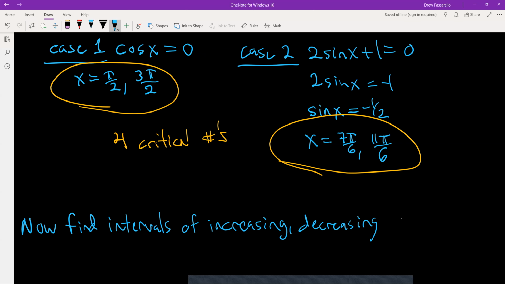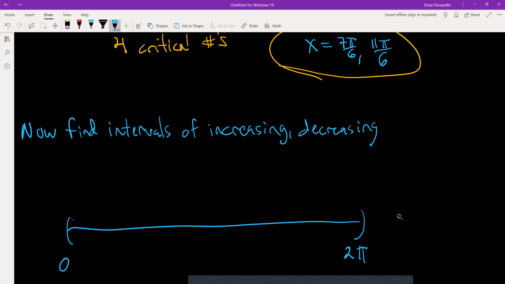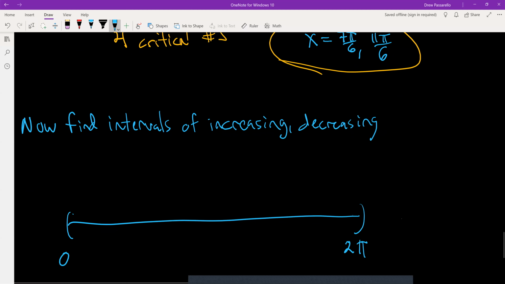Now I find my intervals of increasing, decreasing. Our domain is from 0 to 2 pi. And I just go in order. So you have pi over 2 comes first. And then the next one that would come is 7 pi over 6.